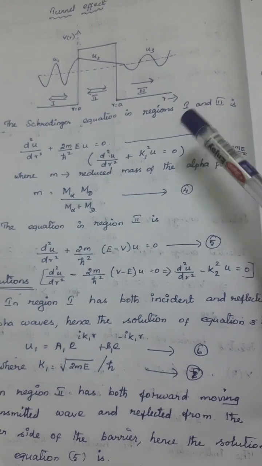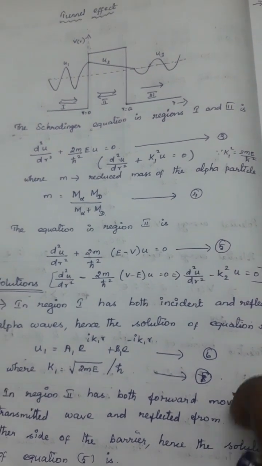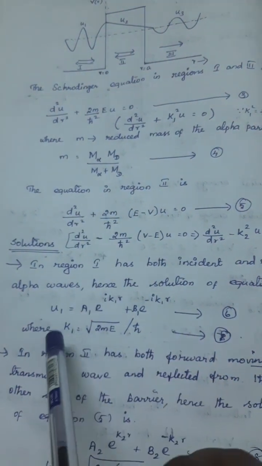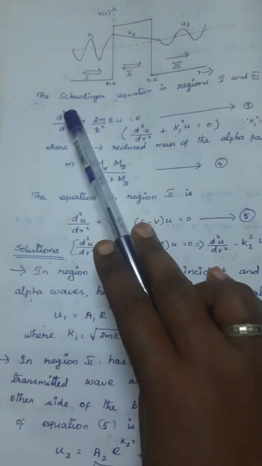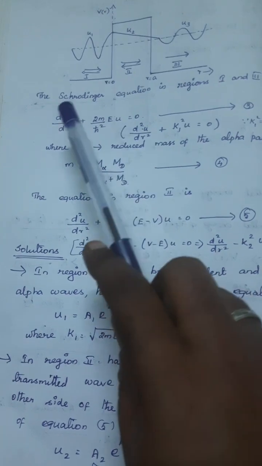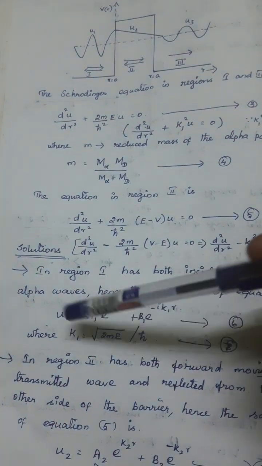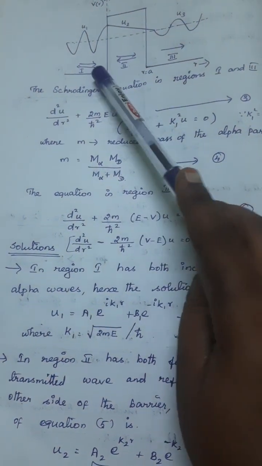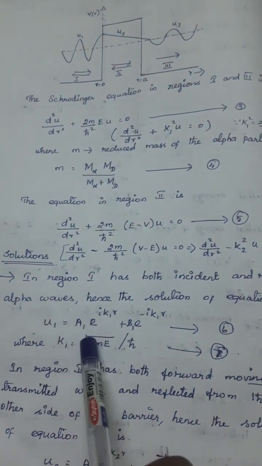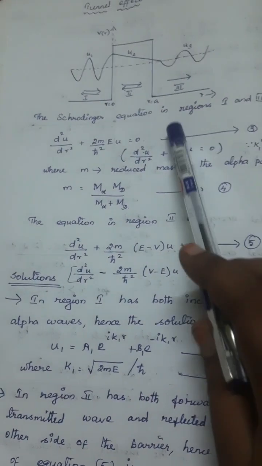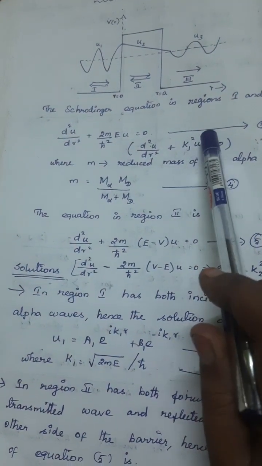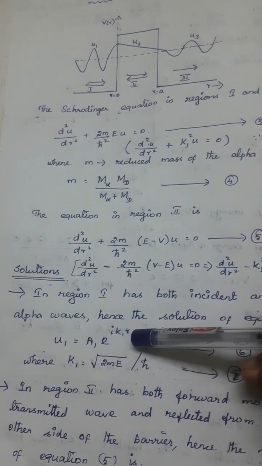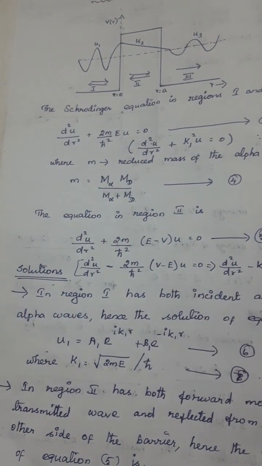First in region 1, then region 2 and then region 3. In region 1, the wave function is u1, the solution of this equation. Here two types of waves are there: one is the incident wave, another is the reflected wave. In this case it is plus k1 squared, so the equation has exponential of ik1r, because it represents a sine wave.